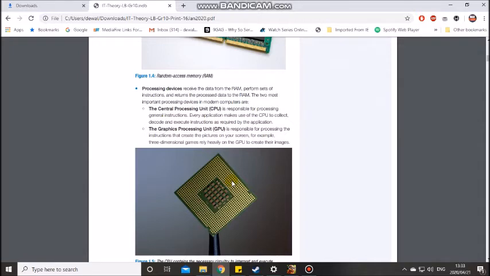So the CPU can also generate these, but the GPU is mainly used for high intensity programs. If you look at gaming, three-dimensional games normally rely heavily on a graphics card, and so does software like Blender, where you can create 3D images and sculpt.